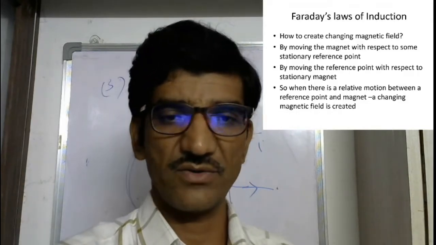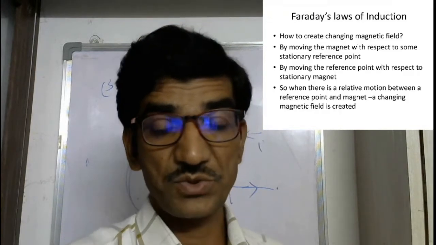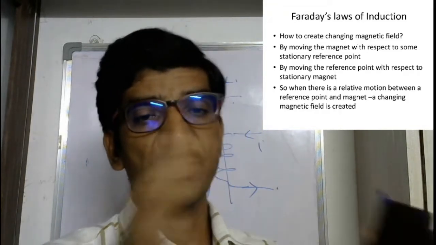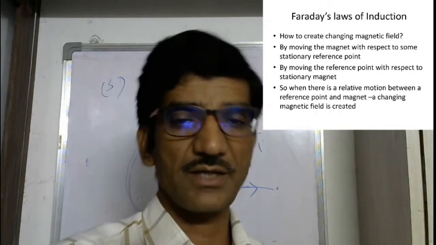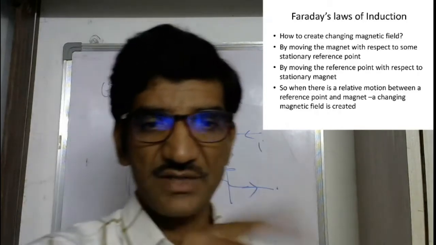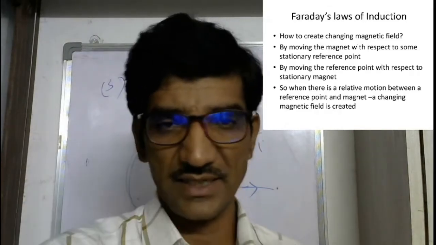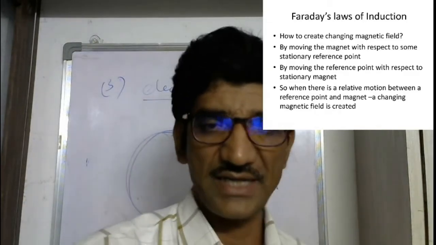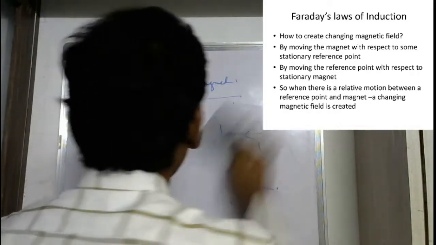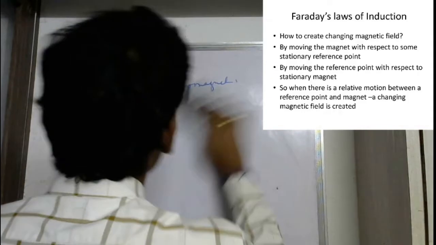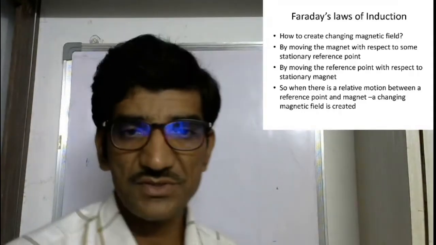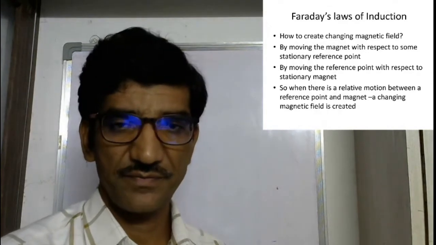In a single sentence, you have to maintain the relative motion between your reference point and the magnet. In that reference area, we place a conducting loop in Faraday's experiment. In all these three cases, you have some induced current.